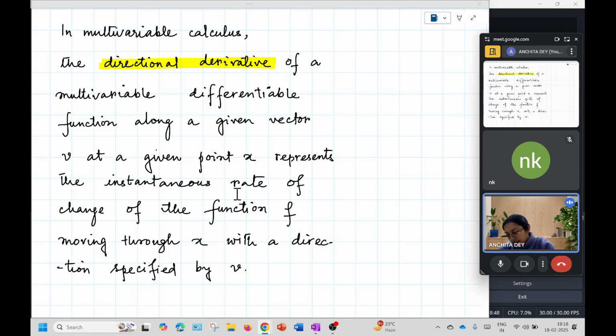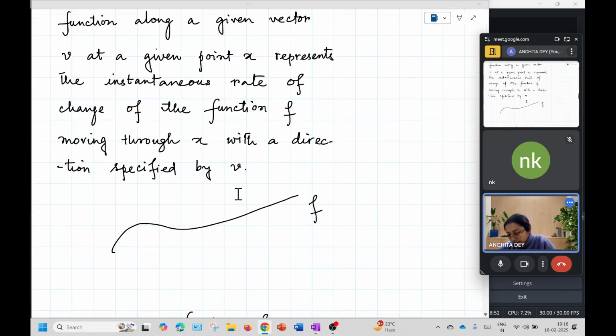So you have a function f, and you want to find this derivative along this direction. You can find it at different points, but you want to focus only on this point, which is x. So that's the concept of the directional derivative.